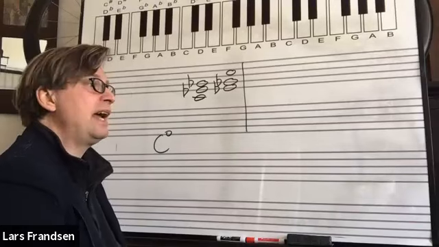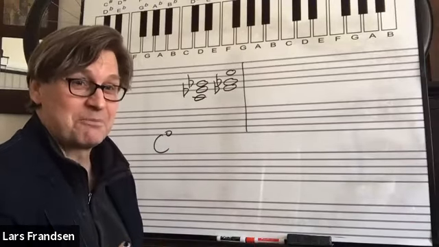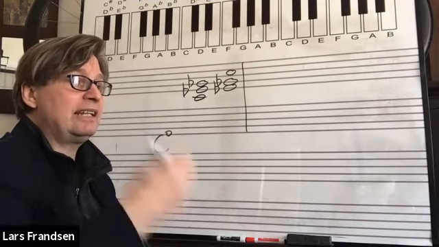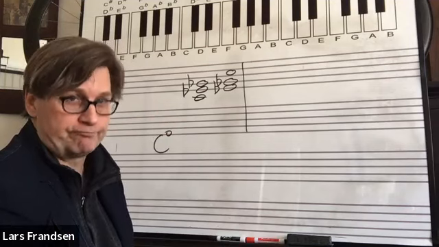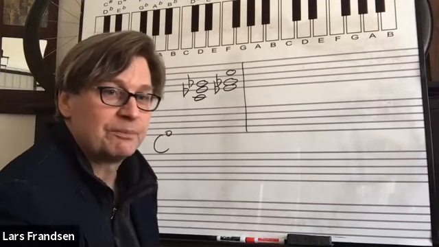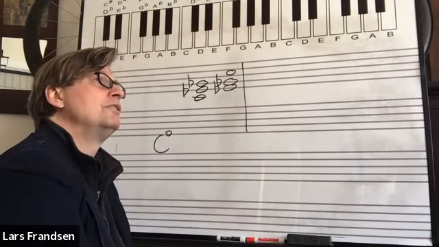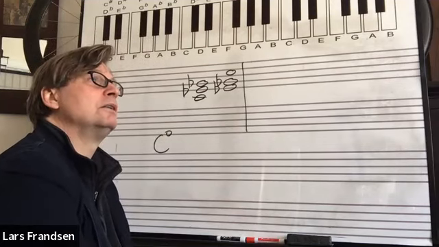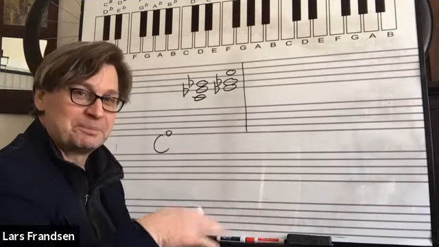Chords with a flat 5 have a thing in common. They are unstable because the fifth is a sort of stabilizing force in any harmonic unit. It's basically doing the same as the root. It's reinforcing the root of the chord, or what we call the fundamentals of the harmony.